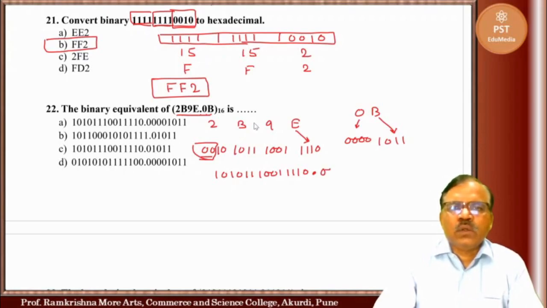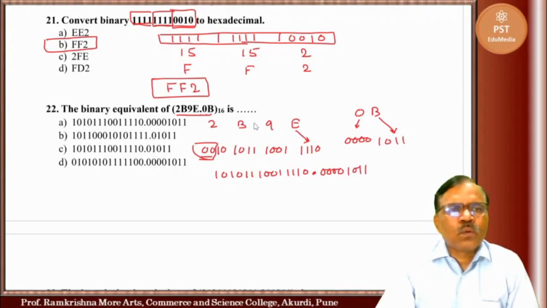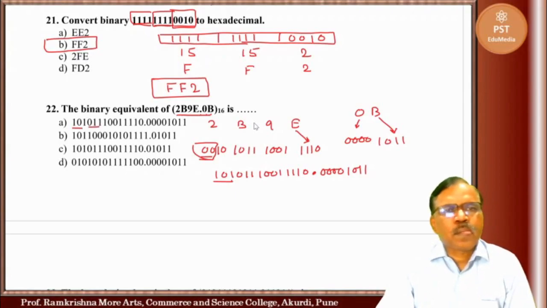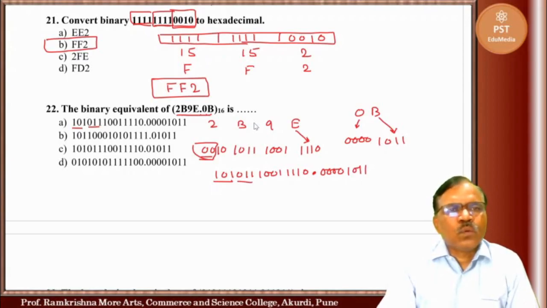So here 0000 1011. Now see here, 101 011 100 111 10.